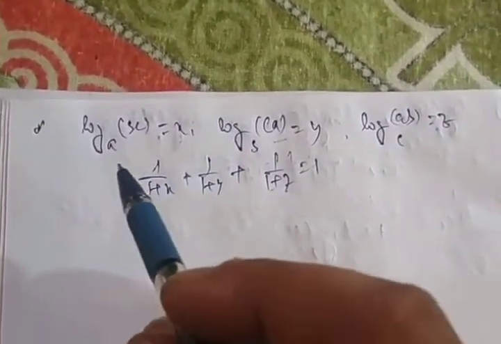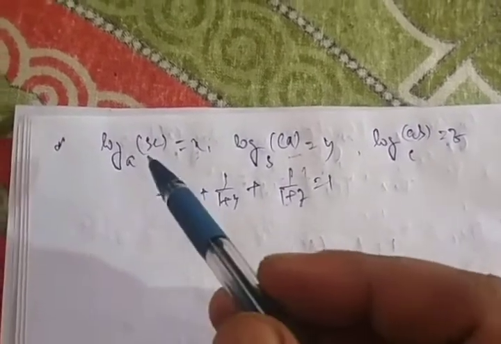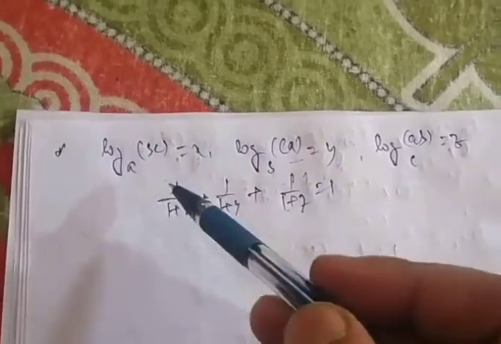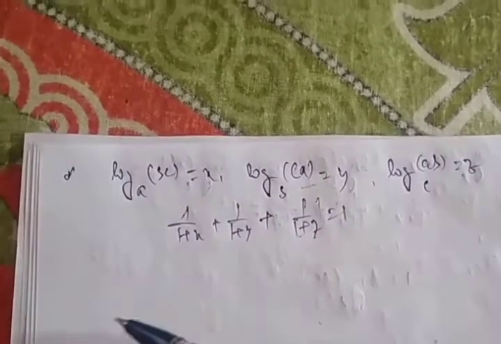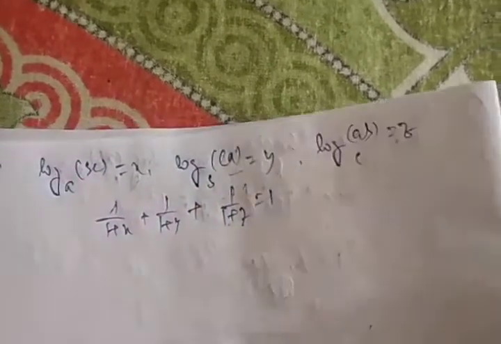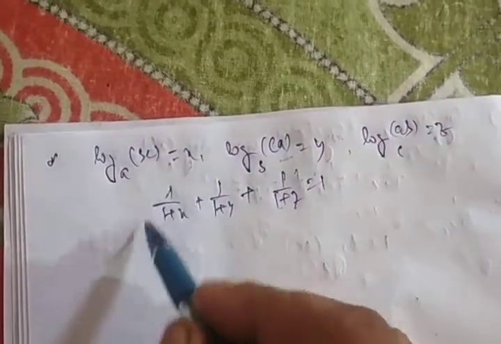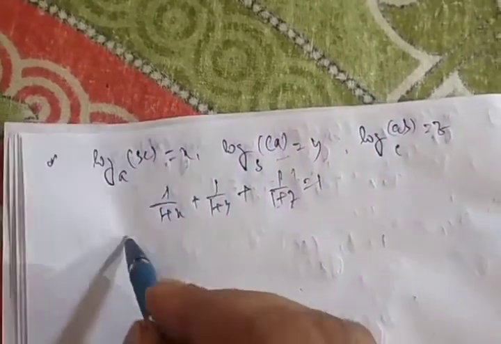As we did in the first question, we take the first term and simplify it to its shortest form. Then the other two terms can be simplified similarly. So first we have to find one term's value.